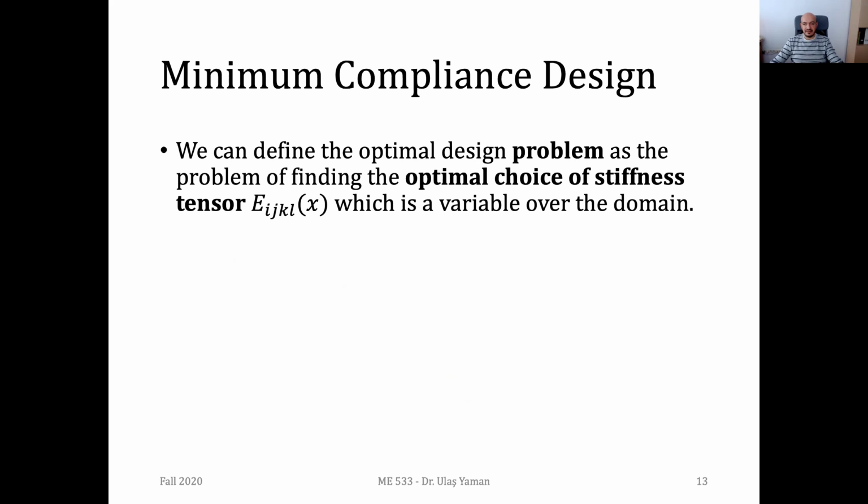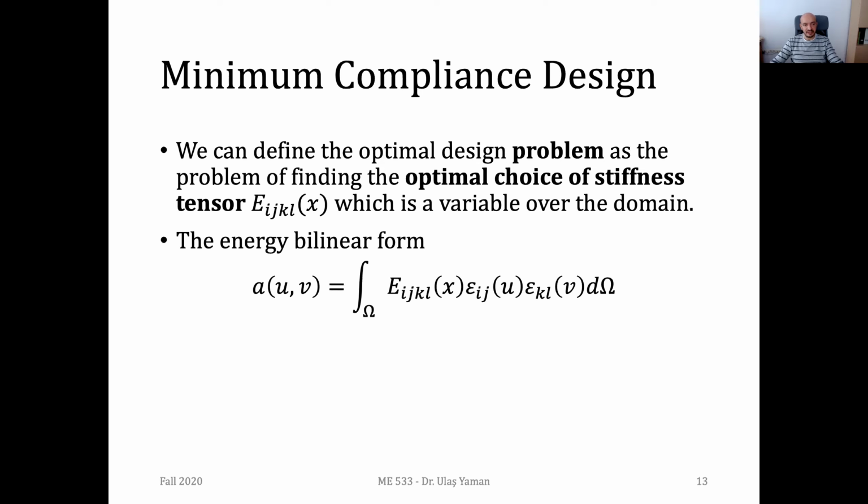So now let's have a look at some formulations regarding the topology optimization. We can define our design problem as the problem of finding the optimal stiffness tensor. Since we are not talking about a single shape, we will be doing some discretization.